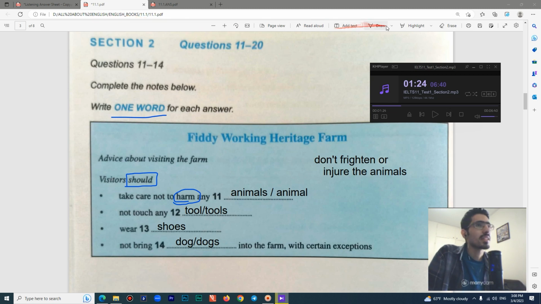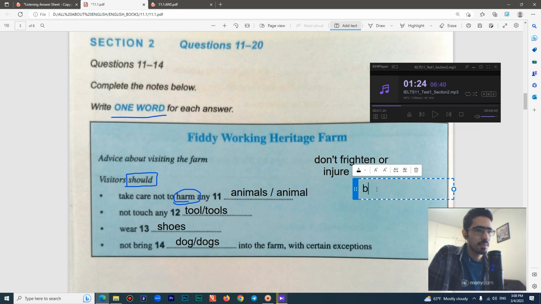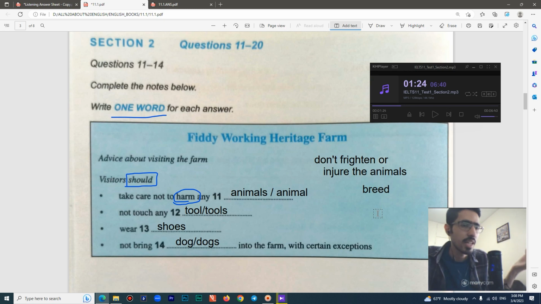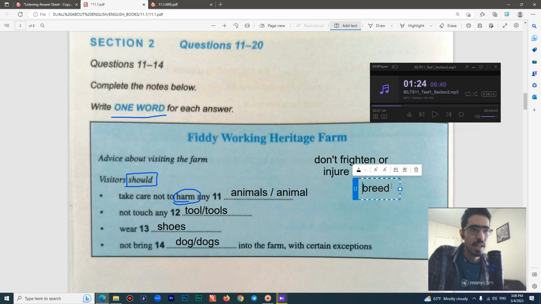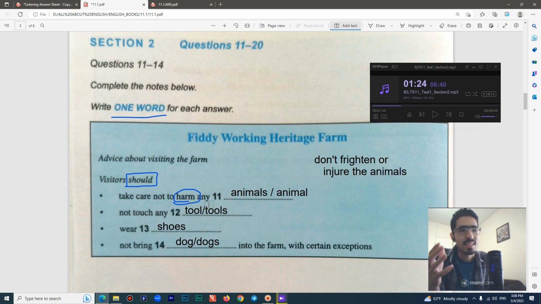I think breed means something like that. But anyway, the answer here is animal, because you don't say don't harm the breed. Yes, it says don't injure the animals. Breed is maybe one type of animals, but animals is all of them.